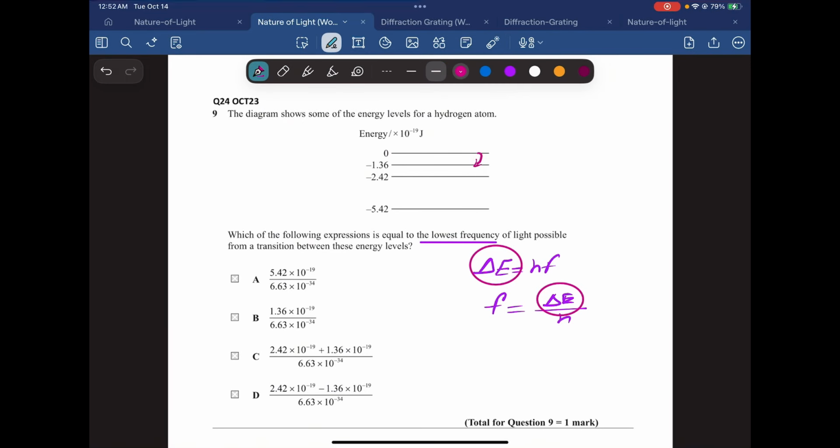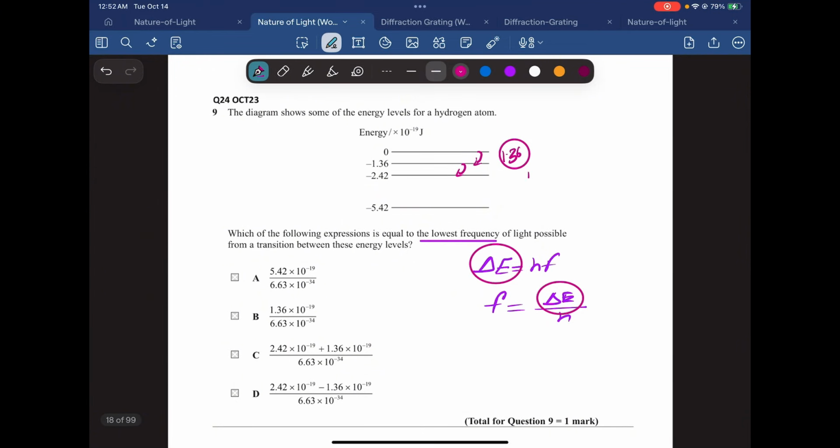So if it comes from 0 to 1.36, the energy transition will be 1.36, which is a bigger value. Now when it comes from 1.36 to 1.42, the energy transition is going to be exactly 1.06, a little bit smaller than the previous one.